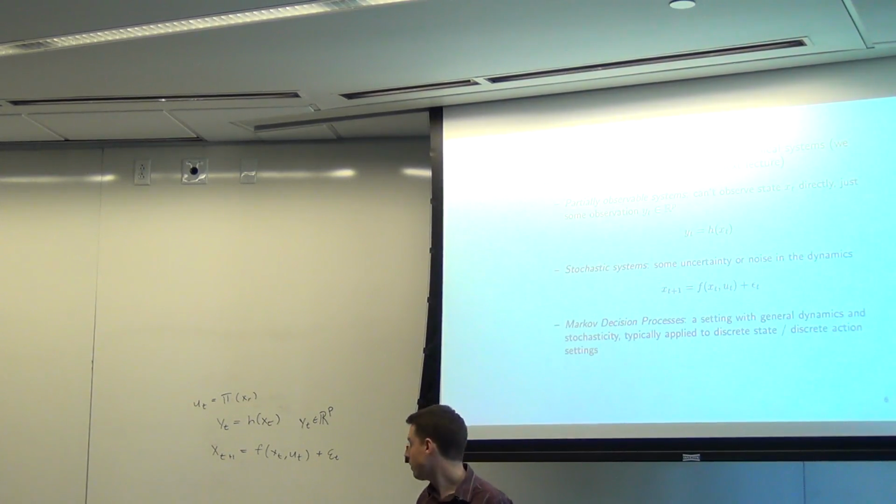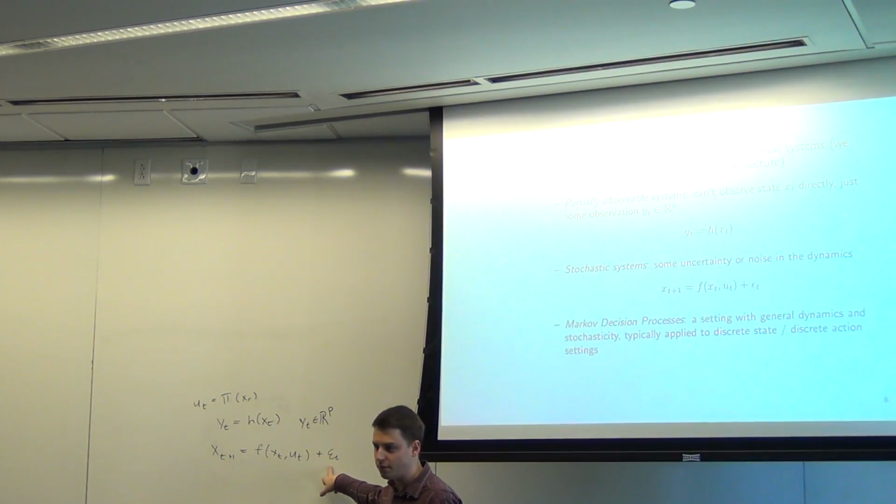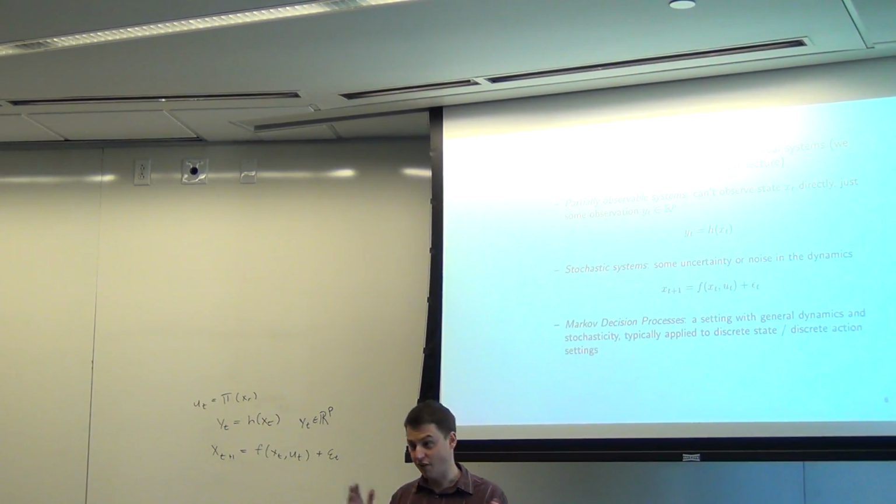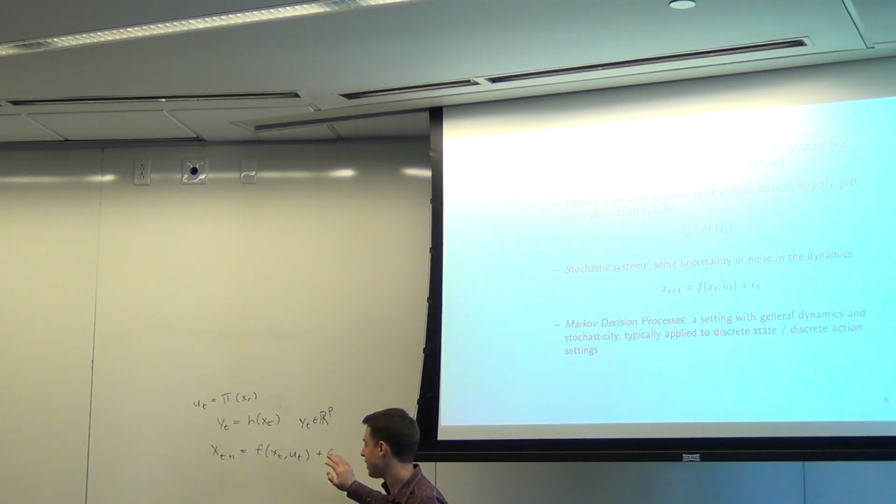This is typically assumed to be a zero mean random variable, and to simplify things, we'll often assume it's Gaussian. That makes things very simple oftentimes, but in theory it can be anything, and if you let it depend on the state and the control, you can describe arbitrarily complex stochastic systems that way.